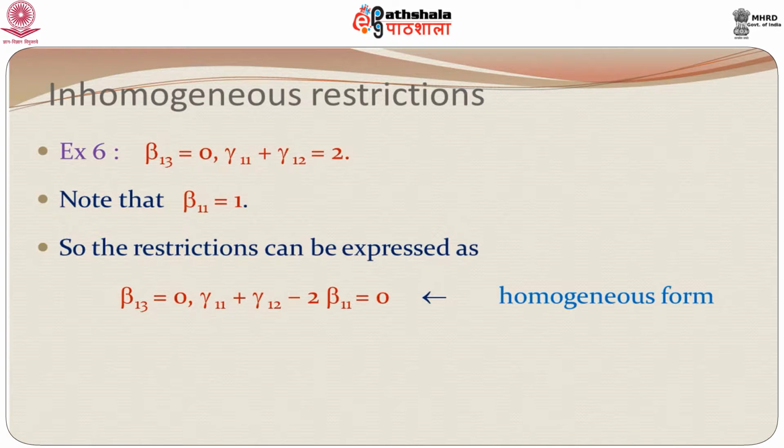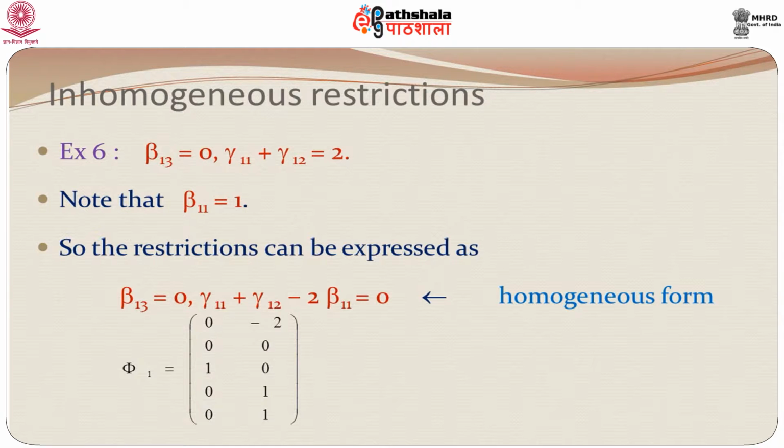So, what we have done is that we have put the restriction again into the homogeneous form. So, we began with an inhomogeneous restriction, but we can always transform this to a homogeneous form, and then construct our phi 1 with the first column corresponding to beta 1 3 equal to 0 as before, it is 0 0 1 0 0, and the second column now is minus 2 0 0 1 1.